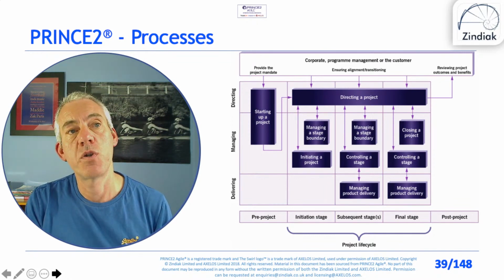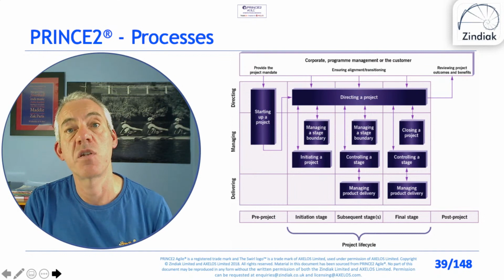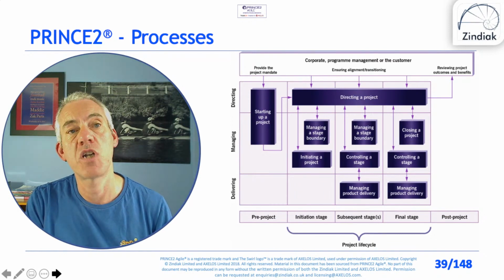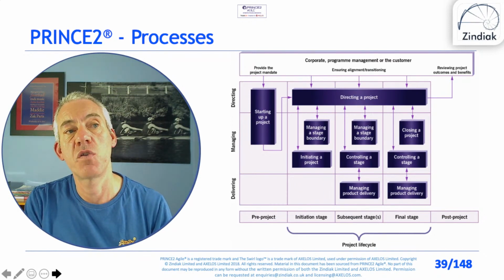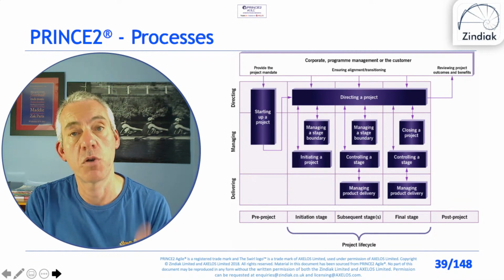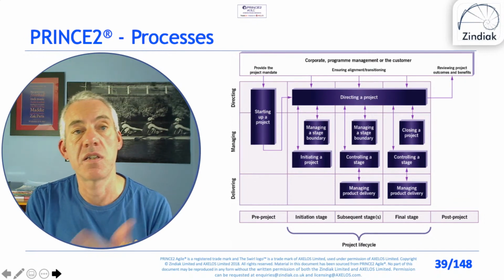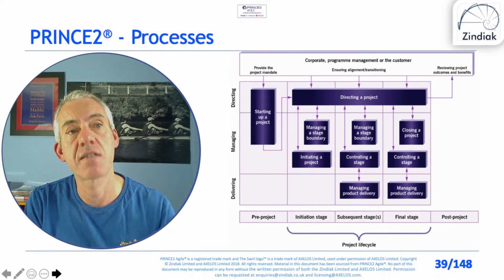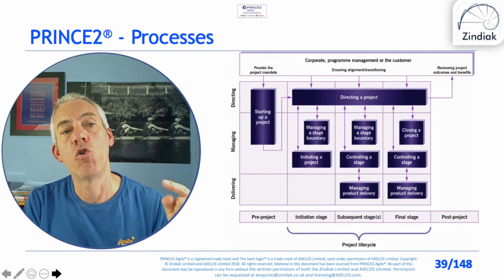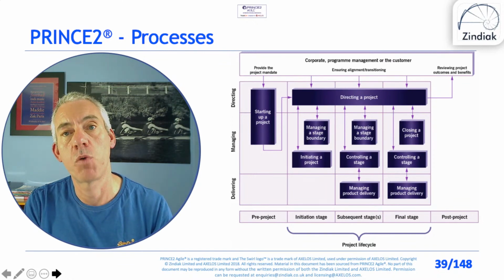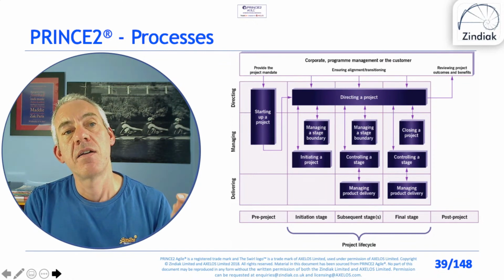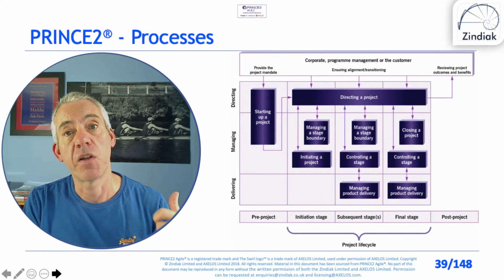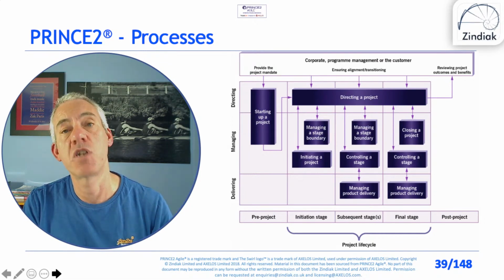Out of that, we produce, it doesn't say on the slide, but we produce the project brief, and the project brief goes to the project board, so the project executive, senior user, senior supplier, and into the directing a project process for authorization to initiate the project. So we've said, hopefully we've said, this project, we think it's worthwhile and achievable, can we initiate it?